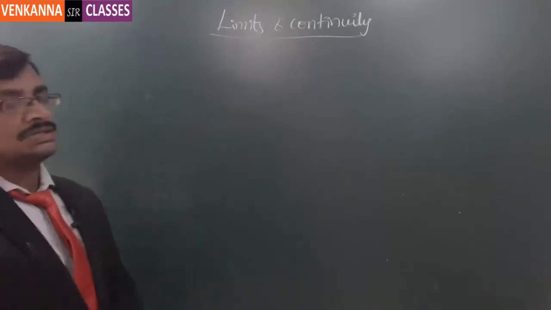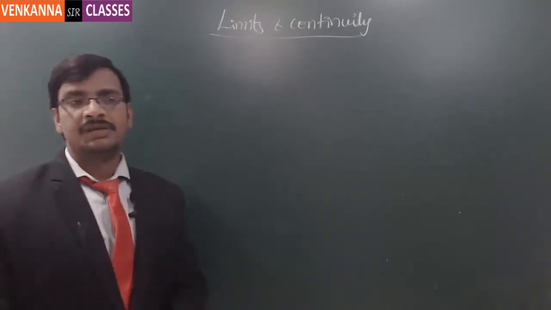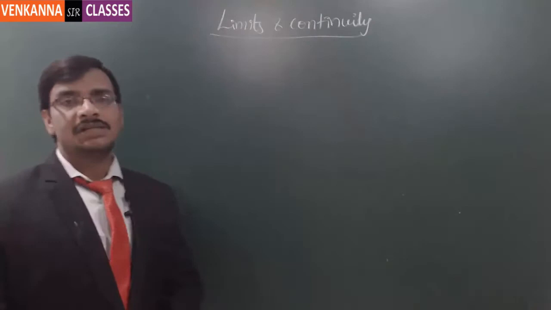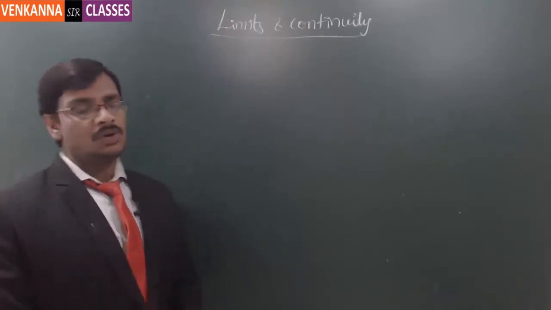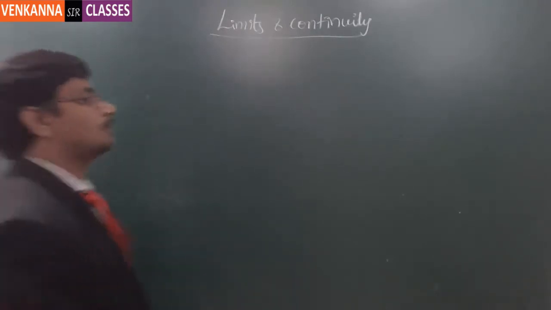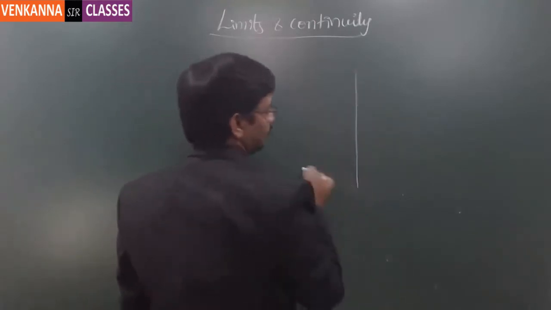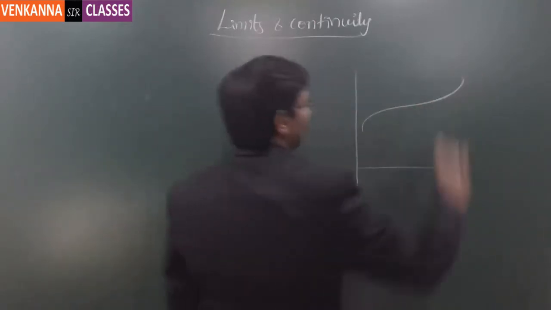So here, as I discussed yesterday, if there is a function, then we will be checking if a limit exists for that. Now, what does this limit talk about? Suppose I have a random function, let us say I have a function like this.